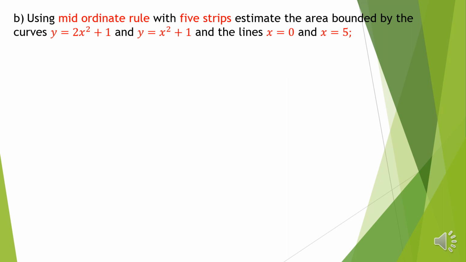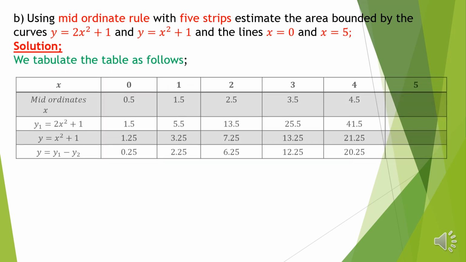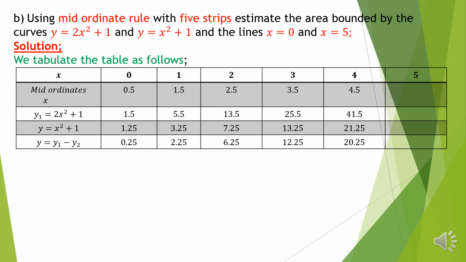Now again, we are going to tabulate the table as we did for the trapezium rule. Remember we need first of all to get the height, which is gotten by 5 minus 0 divided by the number of strips, so 5 minus 0 divided by 5. So it tells you that the height of this mid-ordinate rule will be 1.